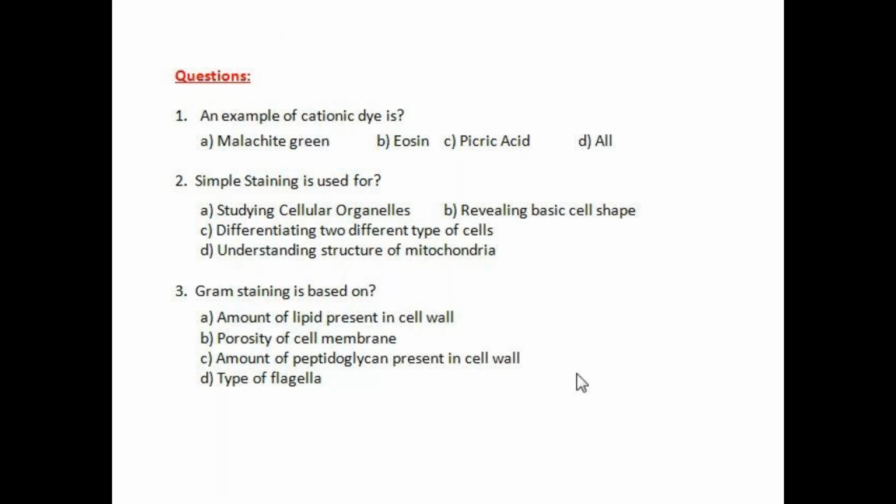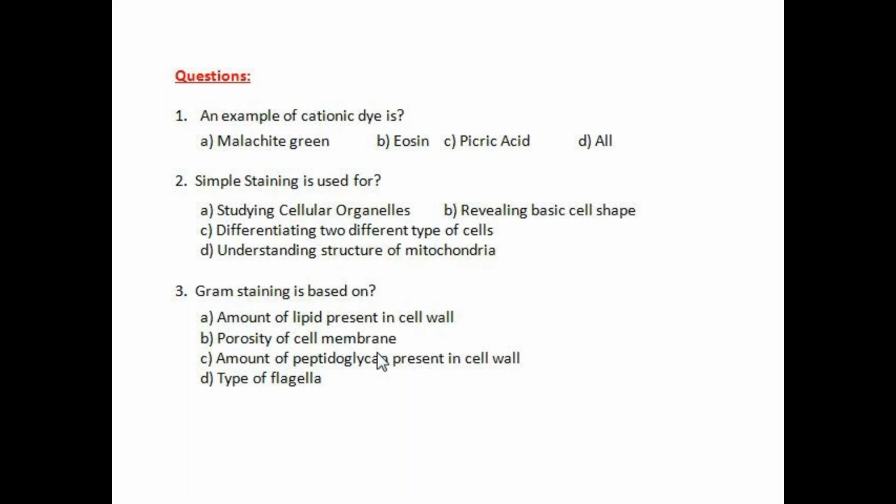It depends only on the porosity of cell membrane and cell wall, on how much of the dye passes through the cell structure.